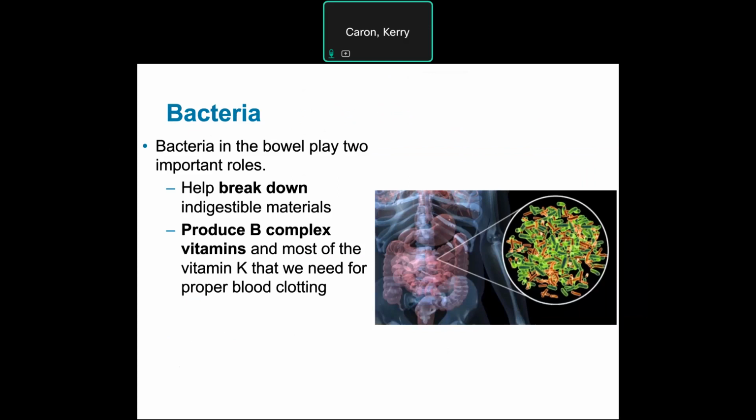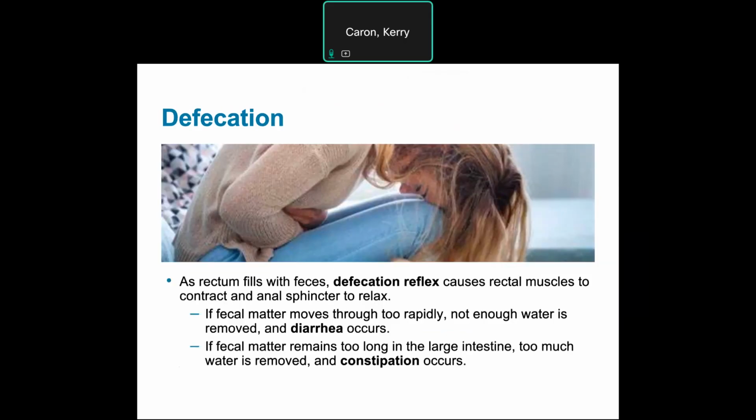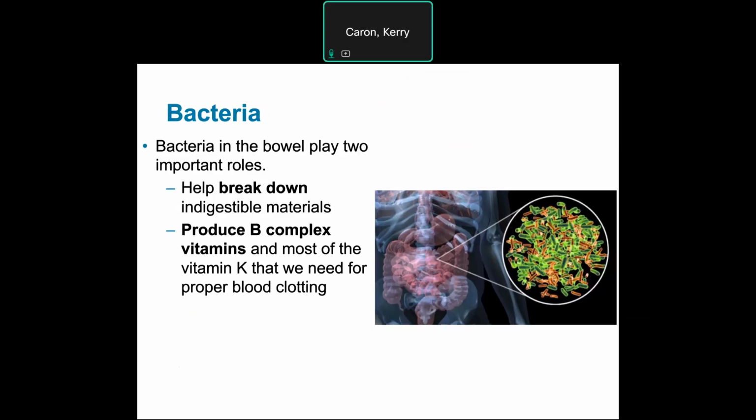It's going to produce some B complex vitamins that we need and vitamin K that we need for proper clotting. On a side note, if you've ever taken an antibiotic, it sometimes indiscriminately kills the bad bacteria and the good bacteria. And then you end up with an opportunistic infection, which can cause diarrhea. We need the good bacteria in our gut to keep things in balance.